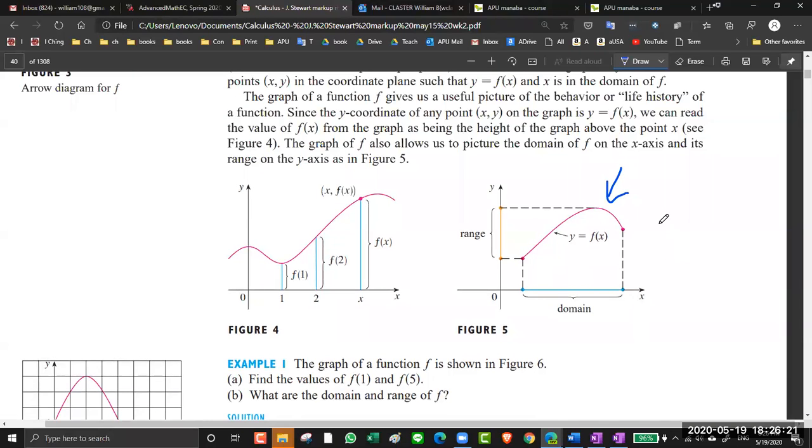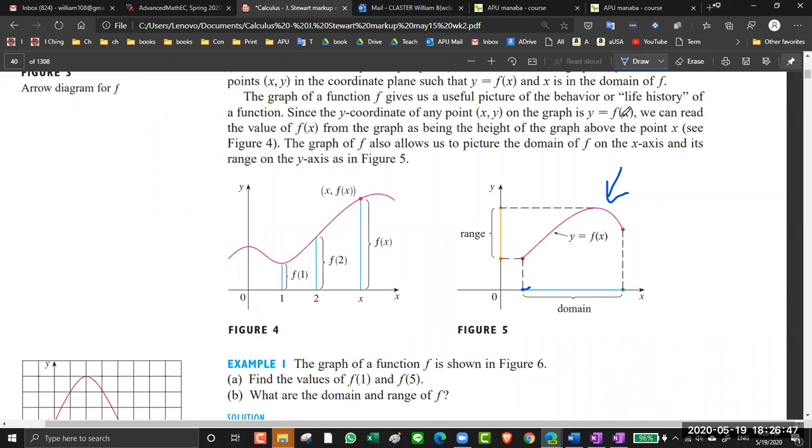So what's the domain of this curve, of this function? It's the set of inputs for where this function is defined. Whoops, I didn't mean to do that. See if I can undo that. No, I can't. Can I erase it? Yeah, okay. Oh well.